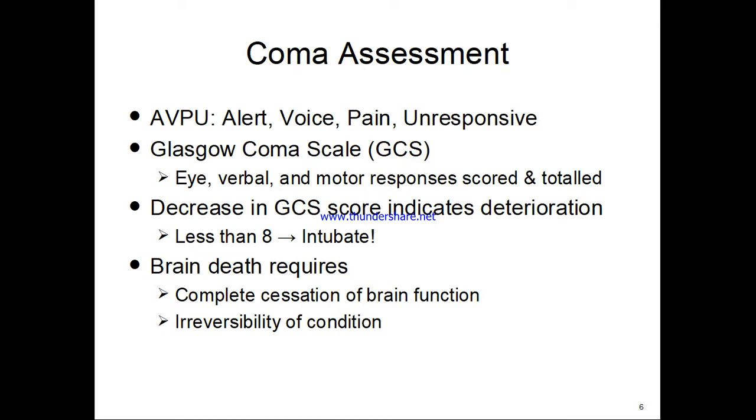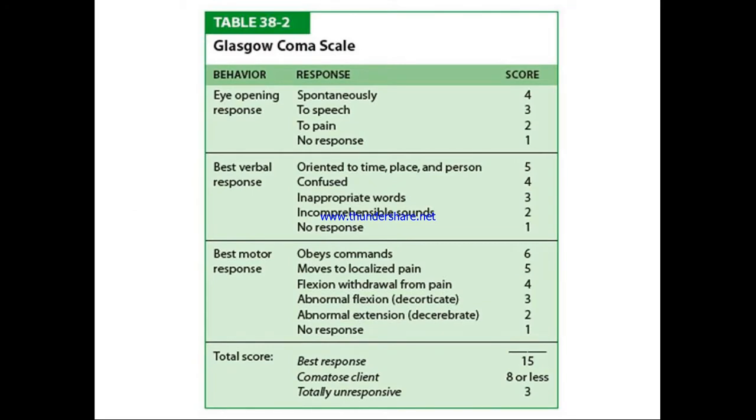These are scored and totaled, and we can see that here. The lowest possible score where someone's totally unresponsive is a 3, and that usually indicates some sort of either brain death or induced paralysis. Less than an 8 can be considered comatose. And a best response in a normal, healthy person is a 15.